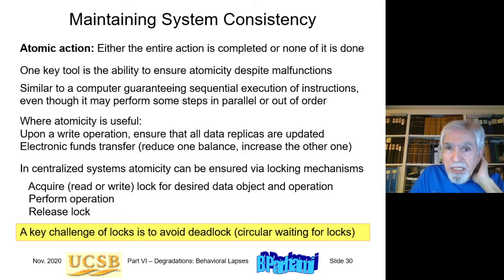Okay, in order to maintain system consistency, so consistency in the previous example is the account balance and the cash being dispensed being consistent with each other, we use atomic actions, and there are various ways of performing them. If you have ever taken an operating systems course, some of the mechanisms for atomic actions are discussed. Things like locks, for example.